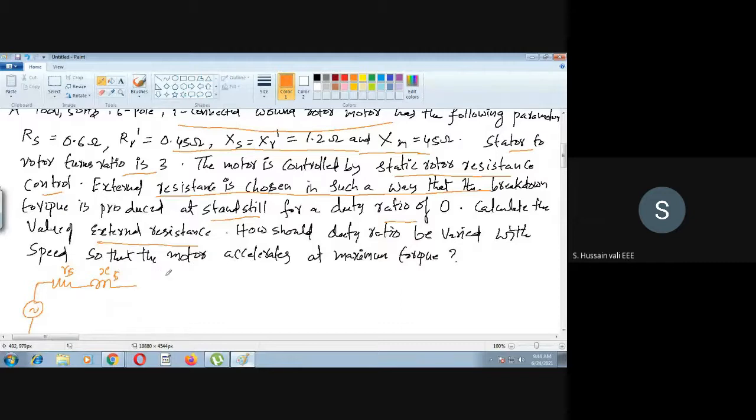Then after that you have RR dash and XR dash.